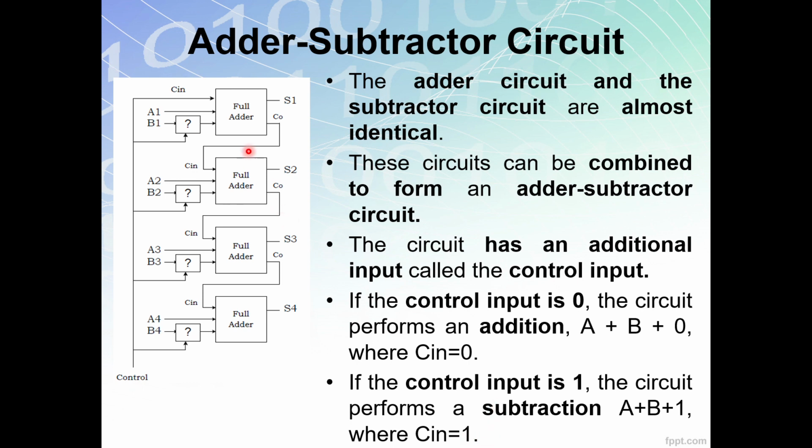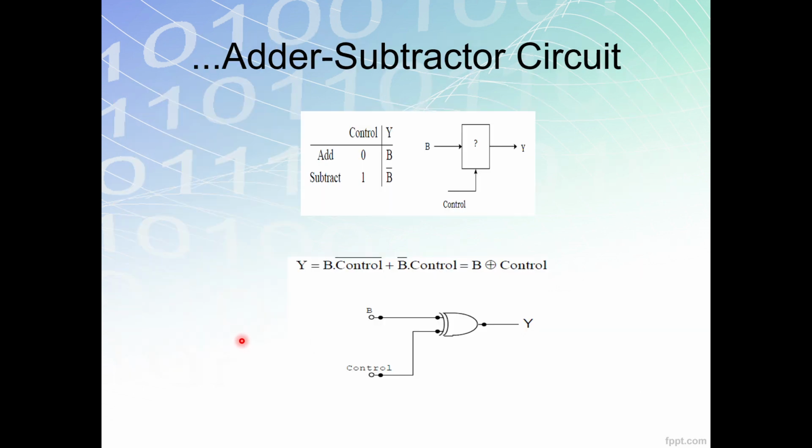So how does the circuit look like? These circuits need to have a controller. So what kind of gate should be suitable in order to control your bits to do either the addition or subtraction? Now we can construct the truth table based on the operations given, for the controller.